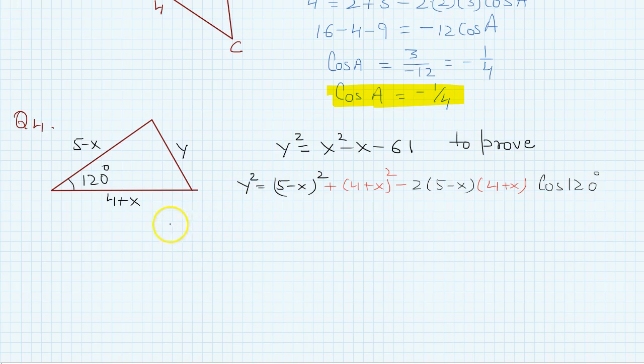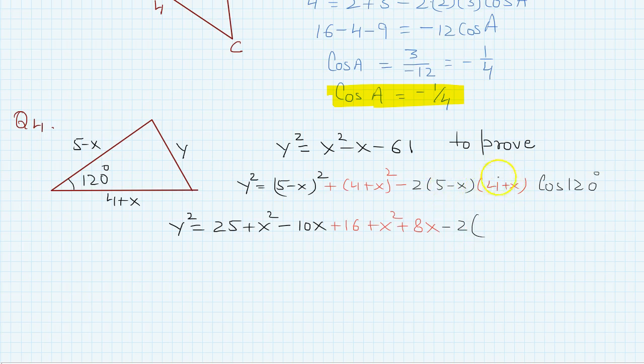So what we have here is y square is equal to 25 plus x square minus 10x, and the square of this is plus 16 plus x square plus 8x, minus 2.